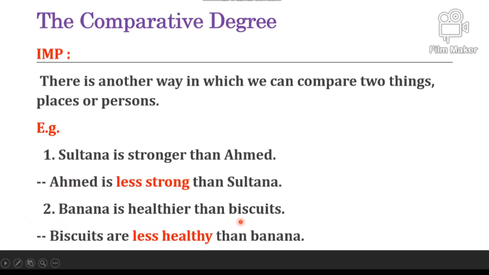Banana is healthier than biscuits. It can be put in this way: Biscuits are less healthy than banana. So this is the other way to write given adjective in comparative degree. But one thing you have to remember is that than is always there in comparative degree.